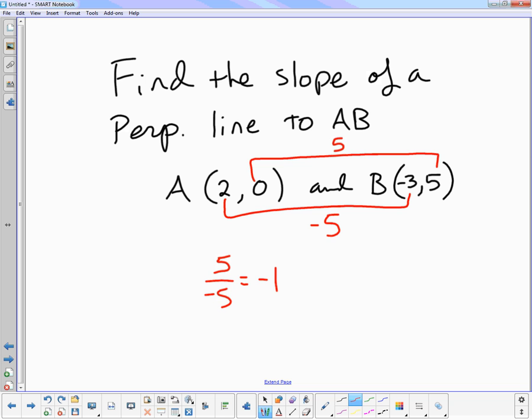Now, what is the reciprocal of that? Well, guys, listen up. Any whole number you can put over 1, right? So if I flip that, and I make it positive, think about one and think about those two slopes.